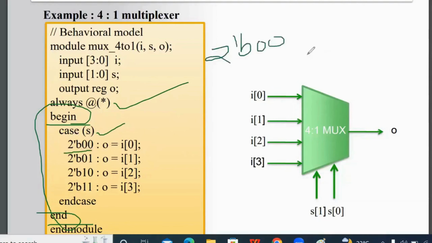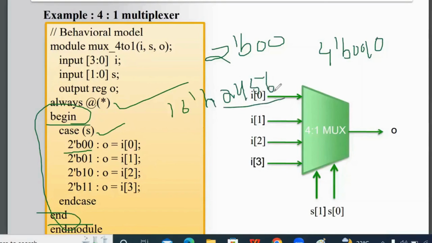If you want to take 4 bits, then 4'b like this. If you want to take hexadecimal, 16'h 2456. Each digit will represent 4 bits. Like octal, suppose 764. We declare the values like this in Verilog.